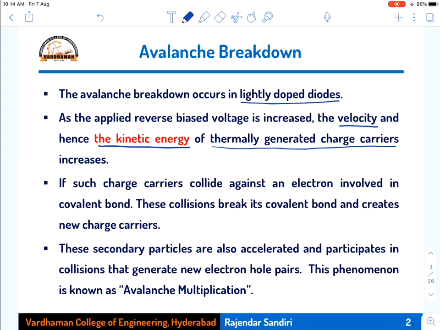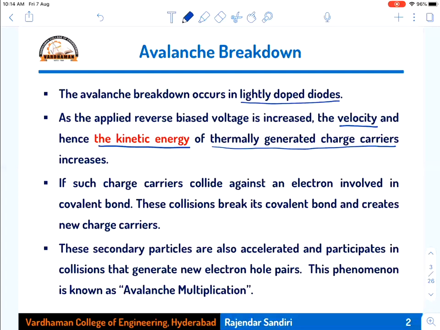So those newly created carriers, because of the collisions, which are coming out of the covalent bond by breaking the covalent bond, we call them secondary particles. The primary particles are those carriers which are already free electrons, not part of the covalent bond.